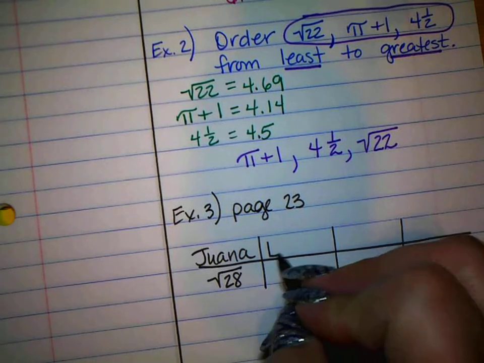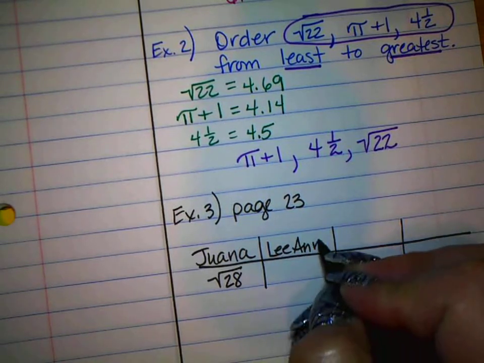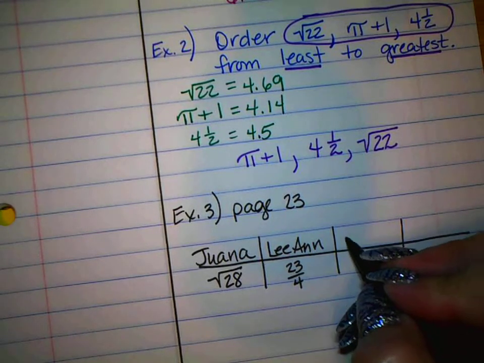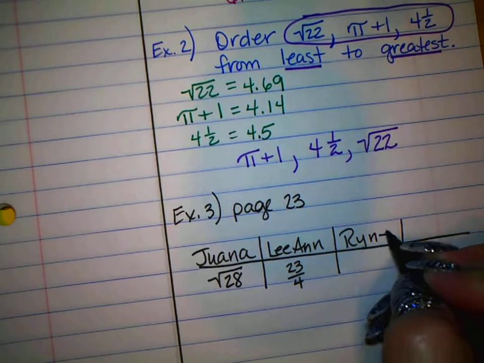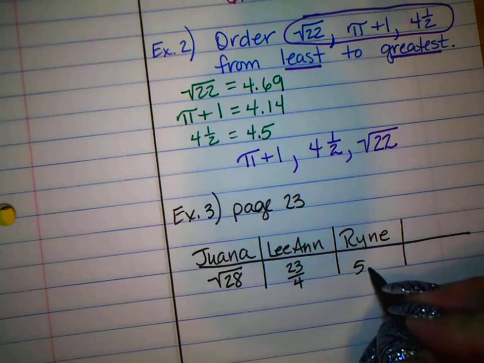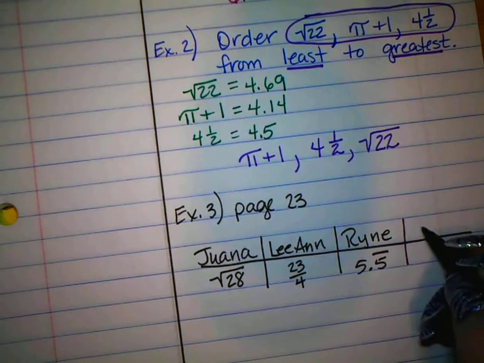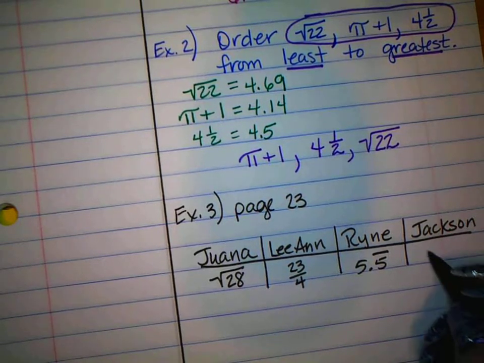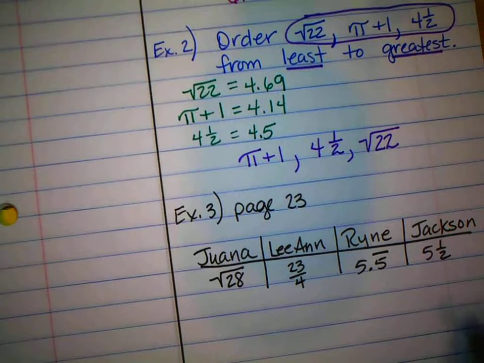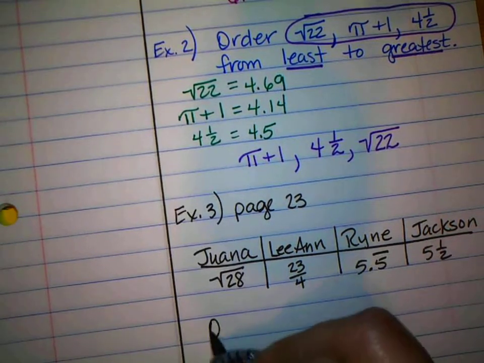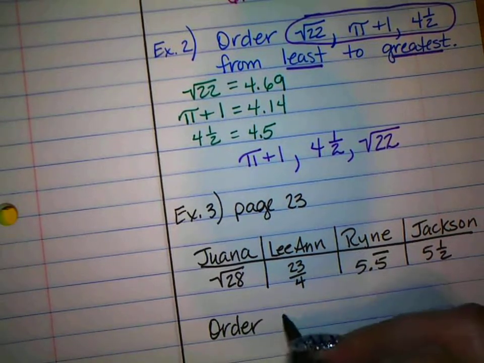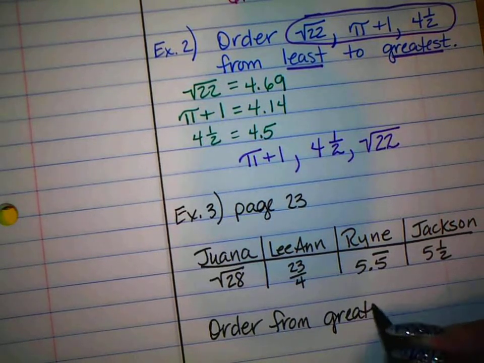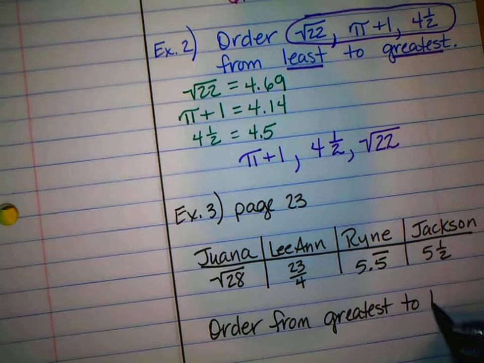We have Leanne with 23/4. And we have Ryan with 5.5 with a repeating bar, and Jackson, 5 1/2. And in the problem, we are to order these from greatest to least.